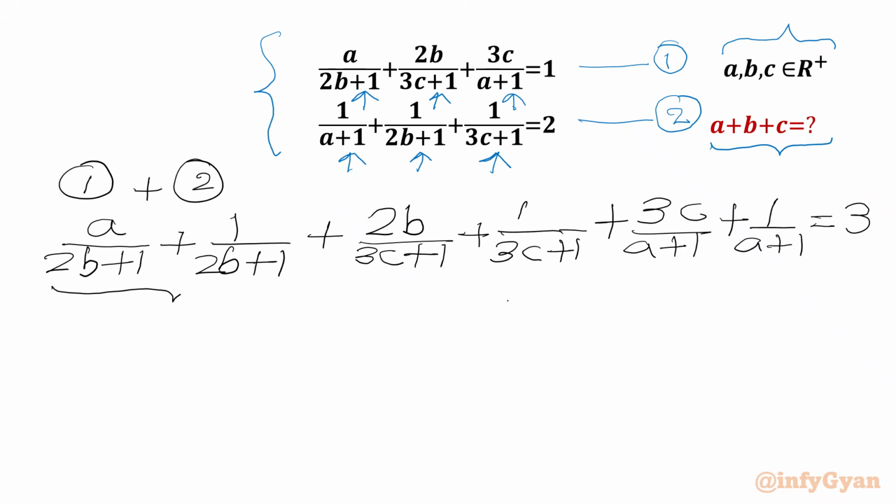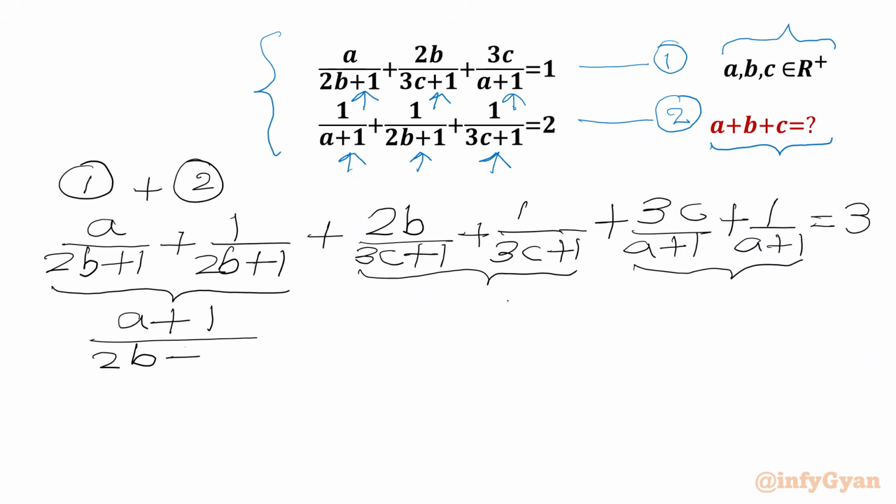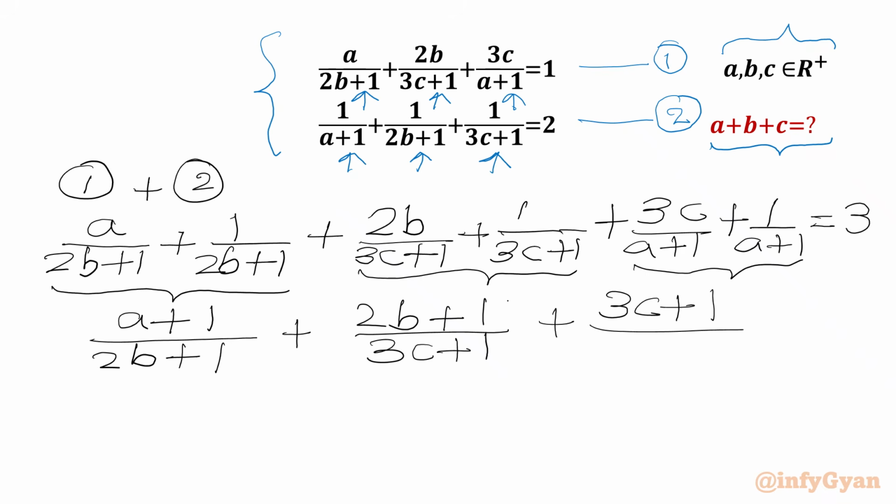Now we can add as we have the same denominators. So we can get here a plus 1 over 2b plus 1 plus 2b plus 1 over 3c plus 1 plus 3c plus 1 over a plus 1.